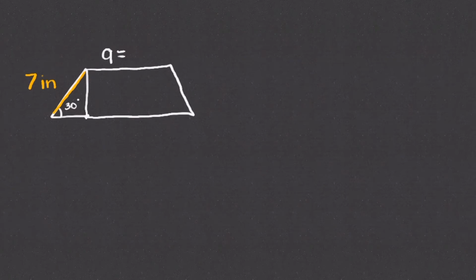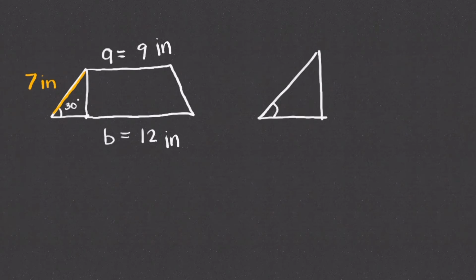For example, we have a trapezoid which forms an angle of 30 degrees and one of its sides measures 7 inches and the top length is equal to 9 inches and the base is equal to 12 inches. To find the height, we need to first isolate the triangle that is formed within the trapezoid, which has an angle of 30 degrees and a hypotenuse of 7 inches.